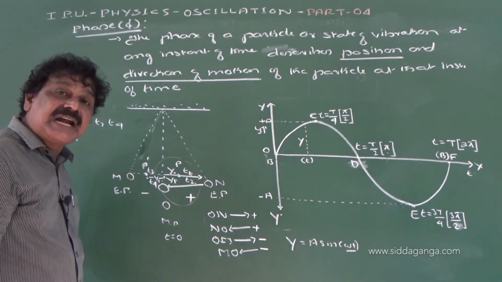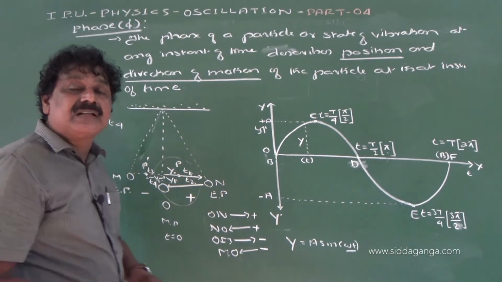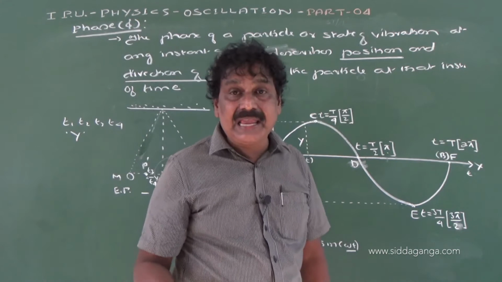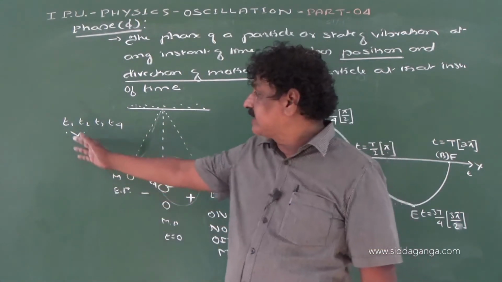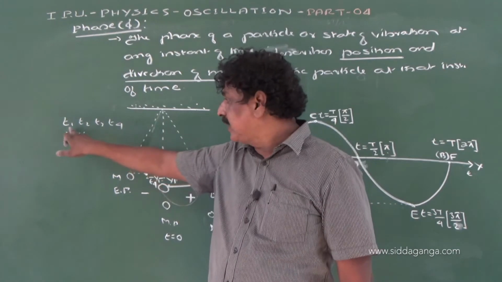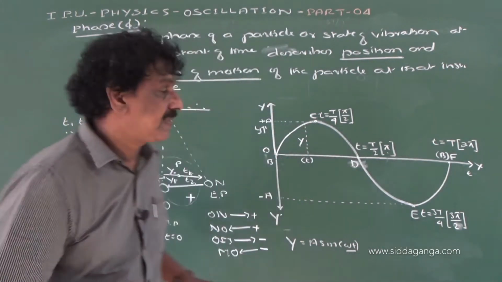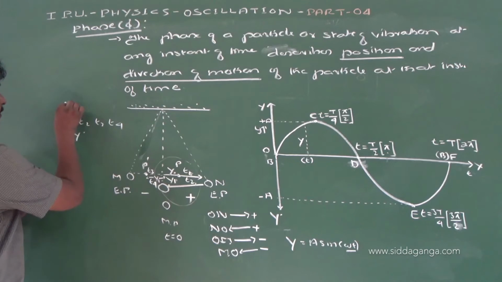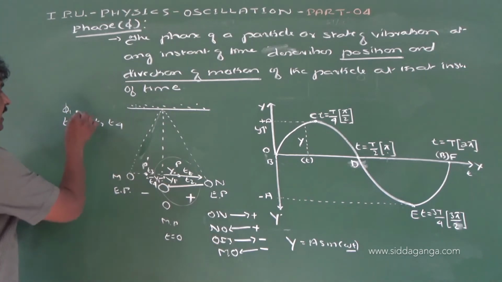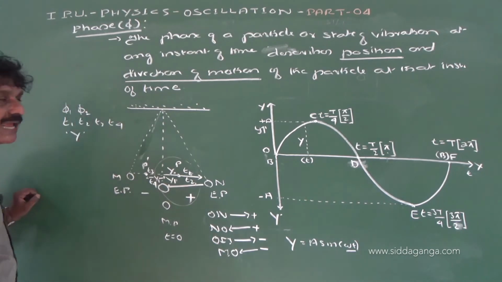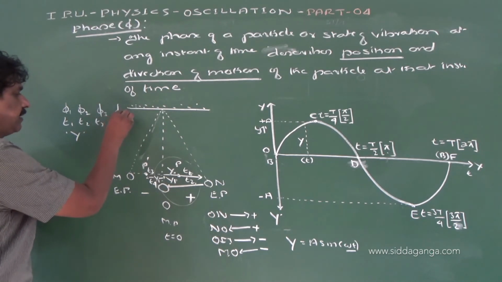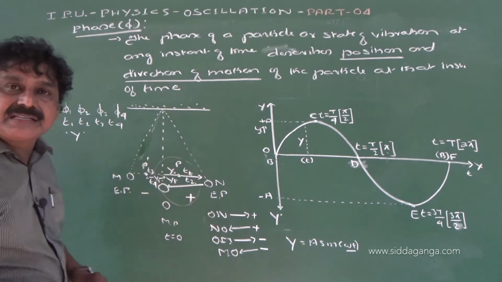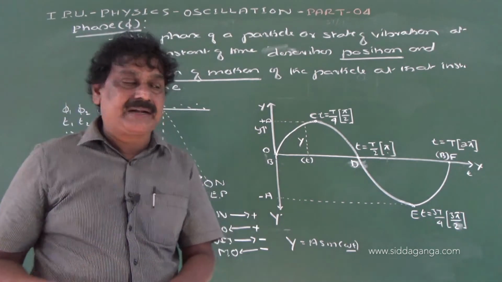Therefore, the state of vibration of the particle is different at the four instants of time. So there is a phase phi 1 at time t1, a phase phi 2 at time t2, a phase phi 3 at time t3, and a phase phi 4 at t4.